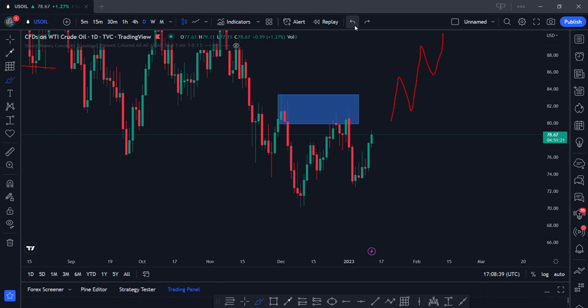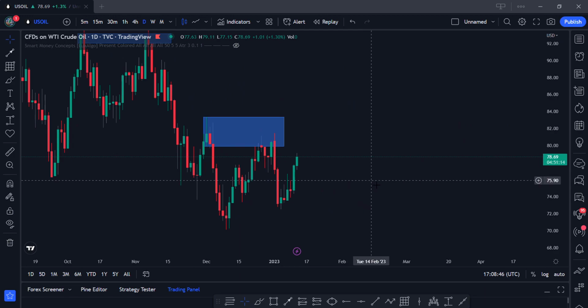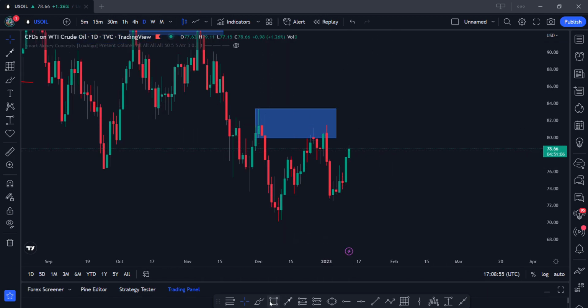That's how institutions make money, by finding sellers in the market, i.e. retail traders with their stop losses, liquidating the stop losses and then entering the buyer's position to the upside. As you can see here, this is a beautiful setup.